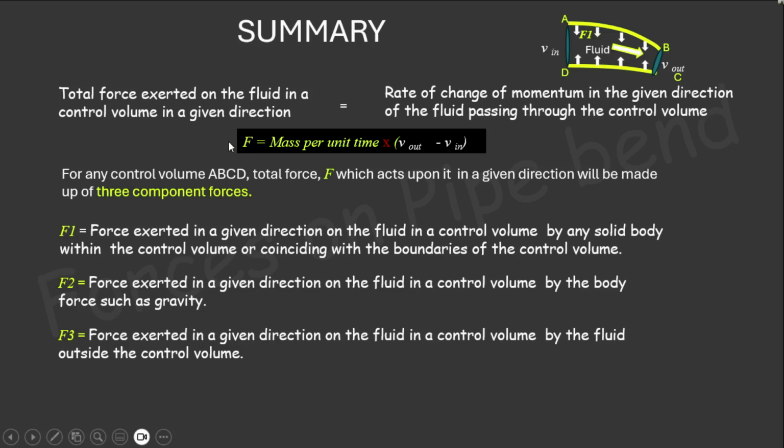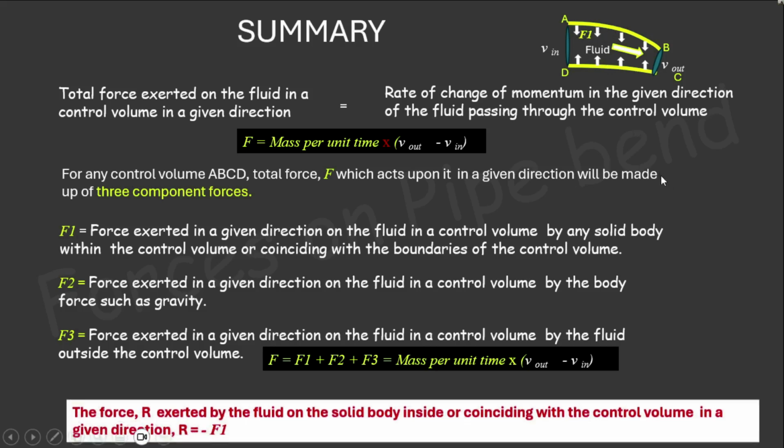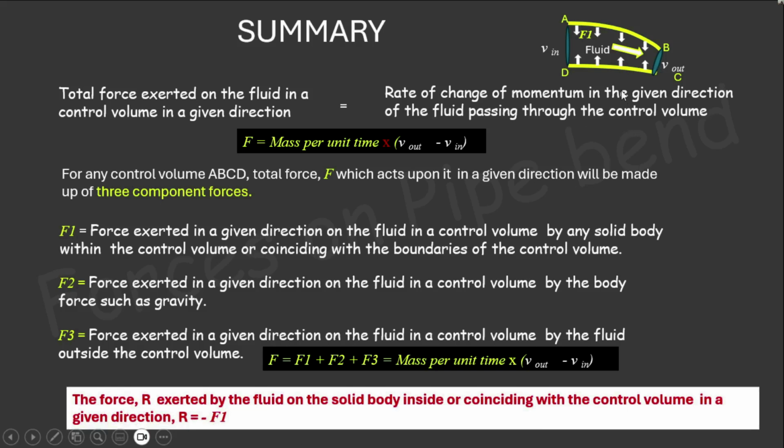So the total force F equals F1 plus F2 plus F3, which equals mass per unit time into V out minus V in. Now the force exerted by the fluid on the solid boundary, which is equal to F1 but in the opposite direction, we can write R equals minus F1.